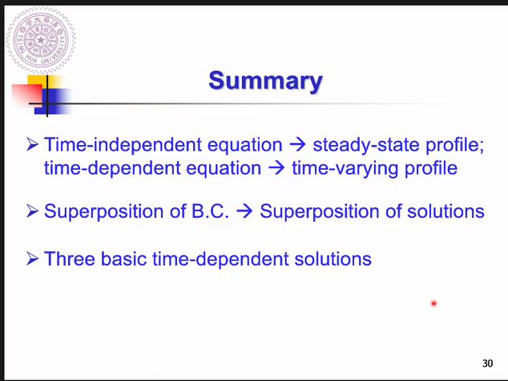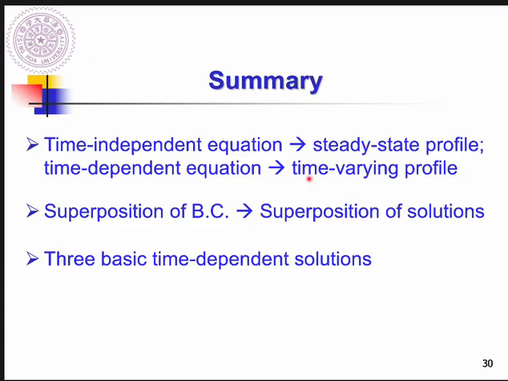Okay, so I'll give you a summary for this part. We have a steady state or non-steady state depending on whether we have time-dependent or time-independent equations. For steady state, the solution means the concentration of diffusing atoms does not change with time.